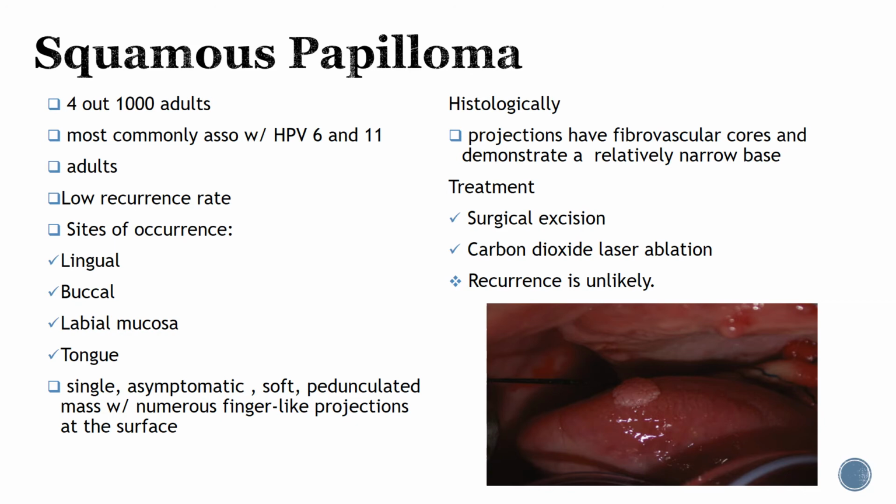Histologically, the projections have microvascular cores and demonstrate a relatively narrow base. Treatment involves surgical excision or ablation with use of carbon dioxide laser. Recurrence in the oral cavity or oropharynx is unlikely.